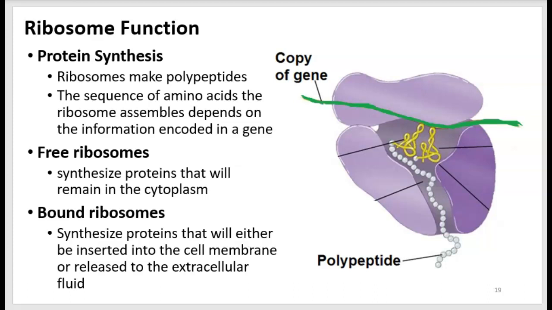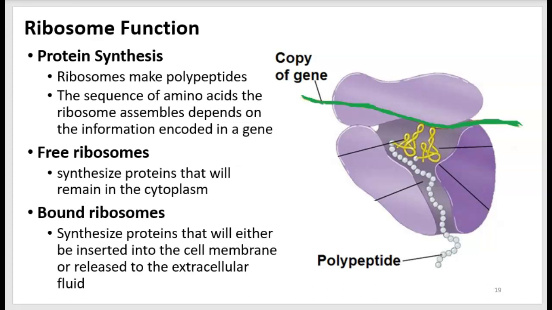That is, a ribosome can assemble amino acids to make a polypeptide. And it does this by reading a copy of a gene, shown in green on this picture. The copy was originally made in the nucleus, because the original gene is in the nucleus.